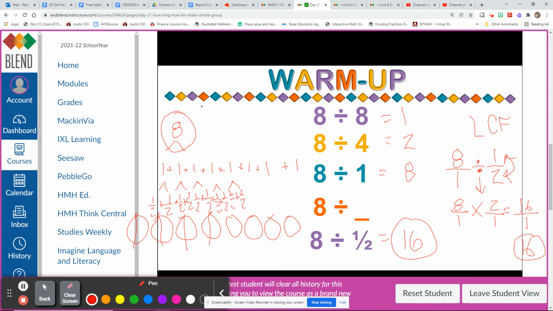Oh no. You would have 1, 2, 3, 4, 5, 6, 7, 8, 9, 10, 11, 12, 13, 14, 15, 16 pieces. So that's why 8 divided into half is 16, because you take 8 wholes and divide it into half-size pieces, and you have 16 half-size pieces. So we'll come back and look at some more.